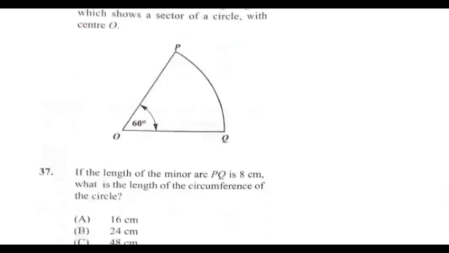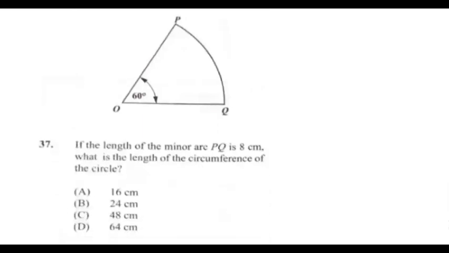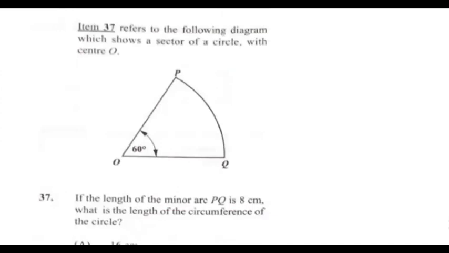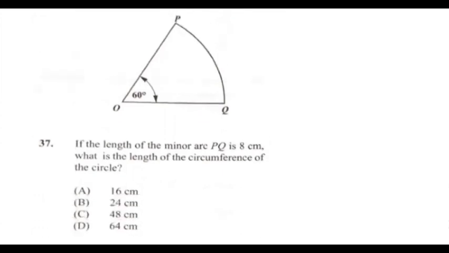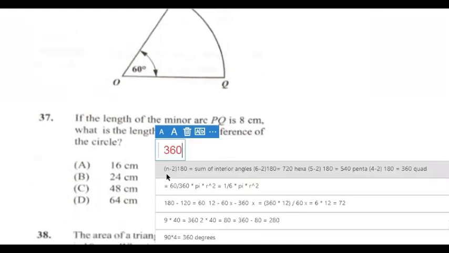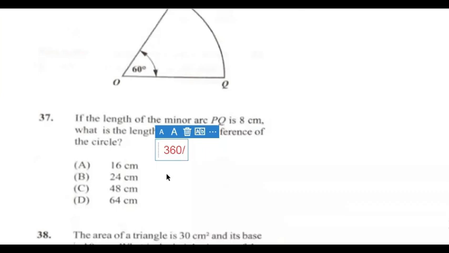37, if the length of a minor arc PQ is 8, what is the length of the circumference of the circle? It says 37 shows a sector of a circle with center O. So we see that the length of this arc that they gave us is 8 centimeters. They want to know the length of the circumference of this circle. The degree of this arc is 60 degrees, and what is the total degrees of a circle? It is 360. So it will be 360 divided by 60 to know how many arcs we're working with, which gives us 6.